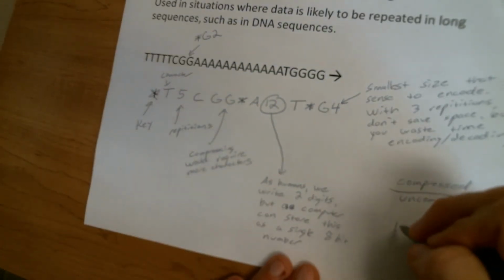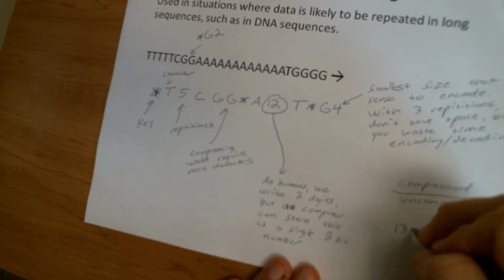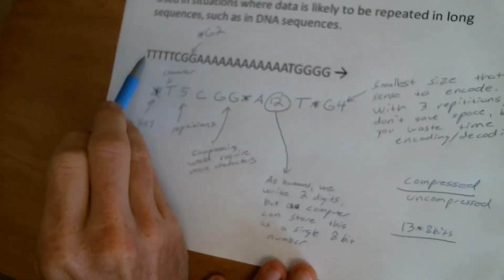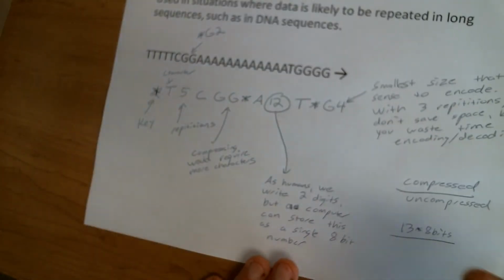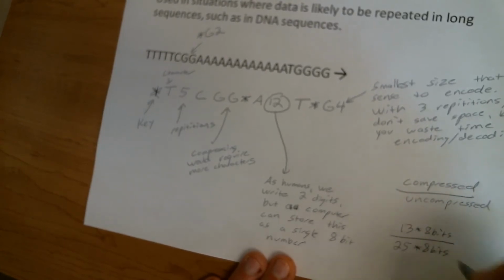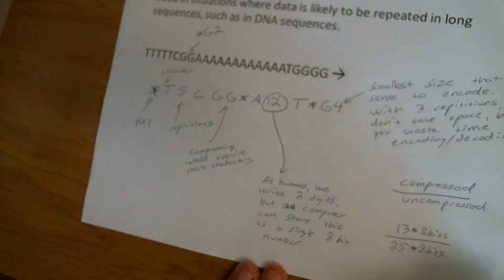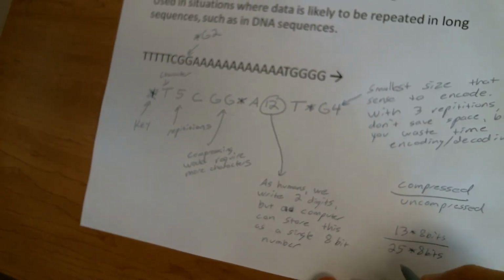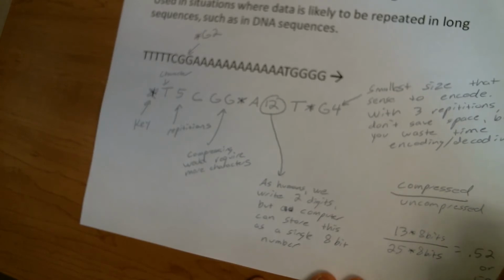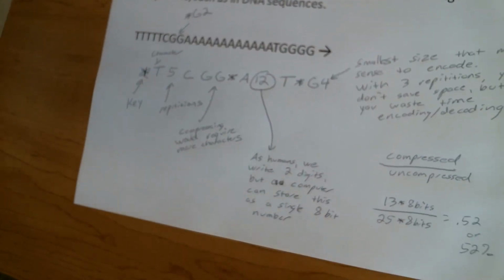So it's 13 characters, or 13 times 8 bits, over the full length size, which, assuming I didn't count incorrectly, was the 25 characters times the 8 bits, because they're all ASCII. Now, effectively, the 8 bits are just canceling out here, so it's 13 over 25, which gives you 0.52 or 52%. So you've basically cut the size down almost in half using this run length encoding.